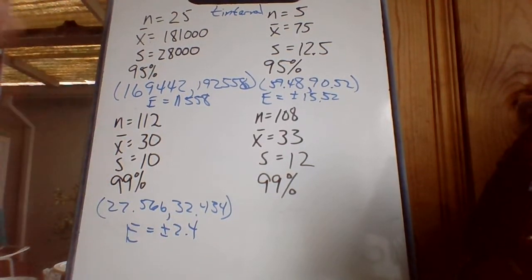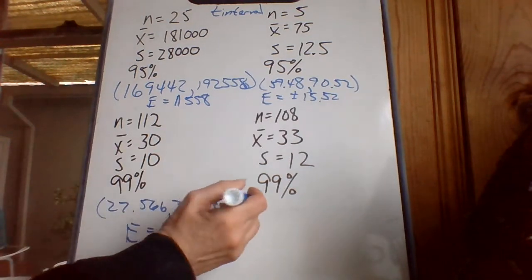All right, and then I'm going to go ahead and use Z on the other one as well. Stat tests, Z interval. Again, don't know sigma. I'm just going to put 12 in there. X bar is 33. C level 0.99.